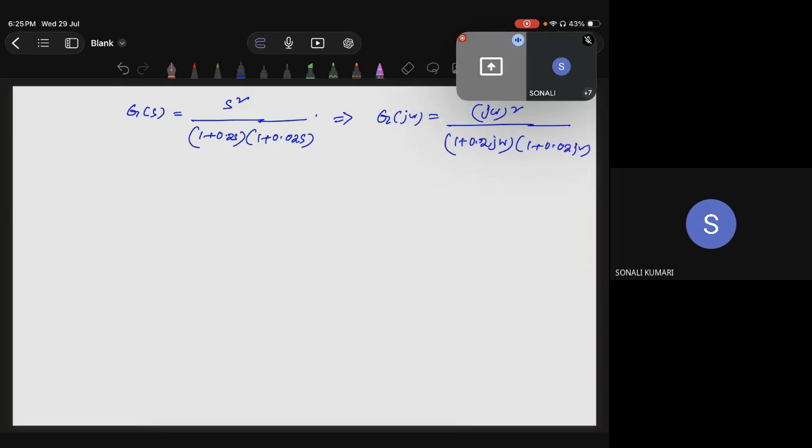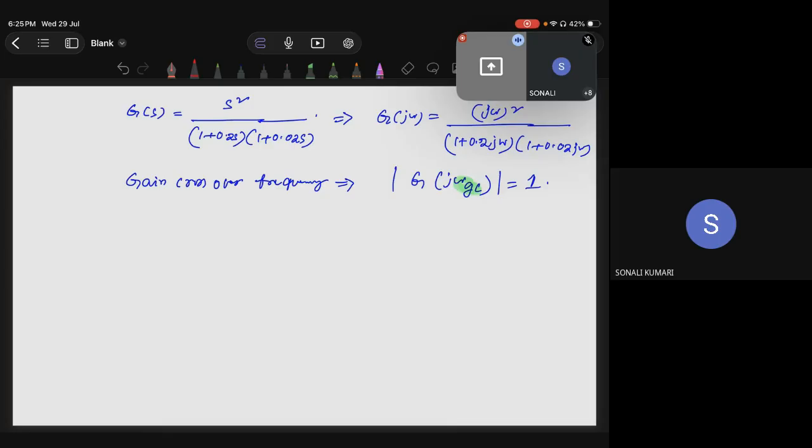The gain crossover frequency is the frequency at which the magnitude of the entire transfer function becomes 1, which we call the gain crossover frequency.